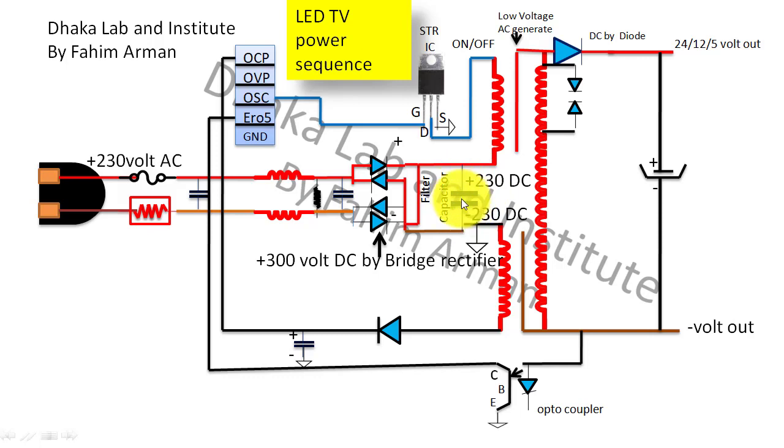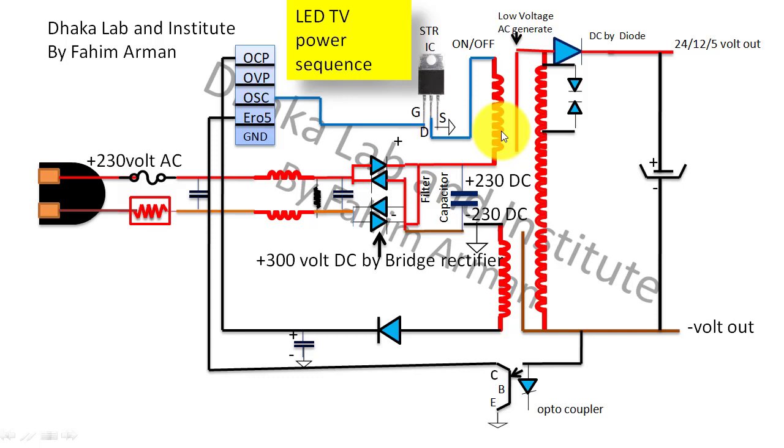So the 230 volt DC will be filtered by this capacitor, and then this DC voltage will enter that transformer. This is the symbol of the transformer, and this 230 volt will enter the transformer.